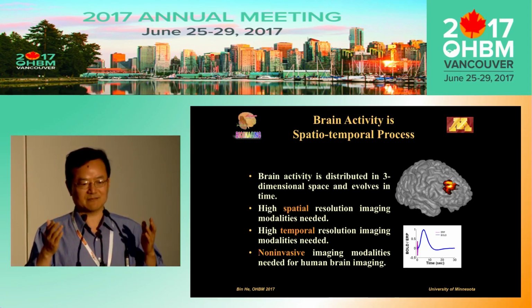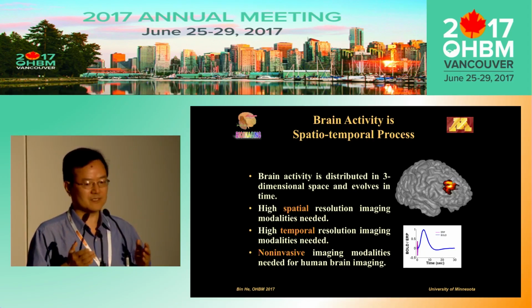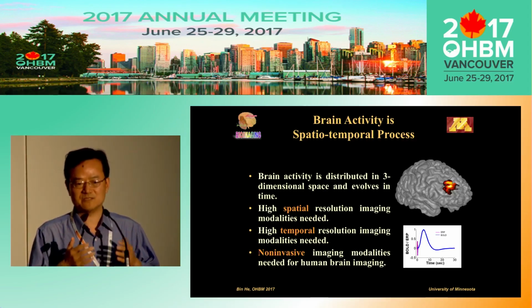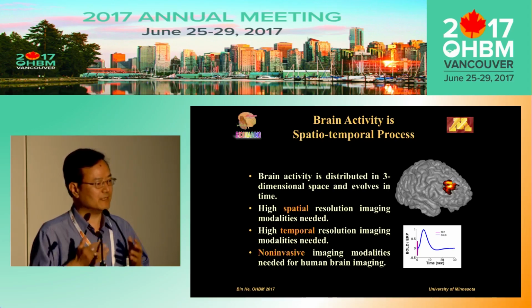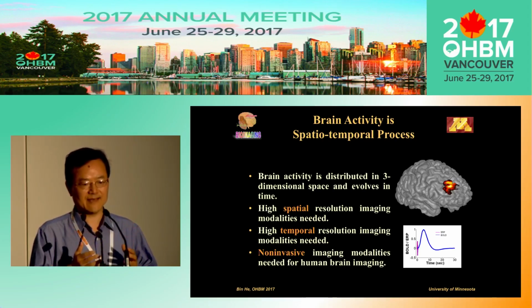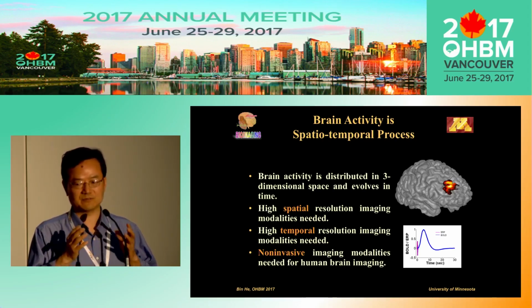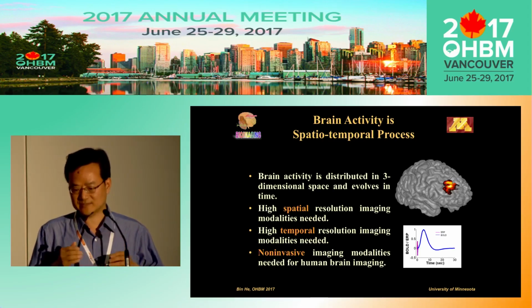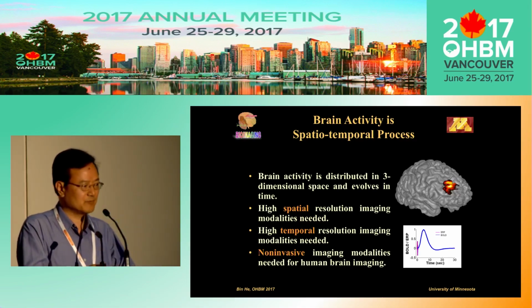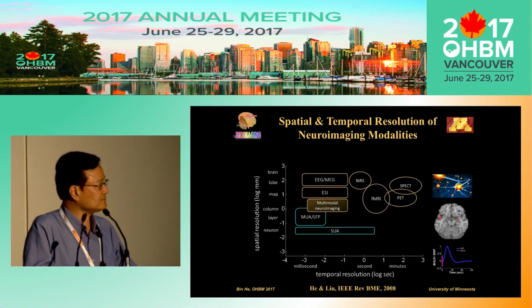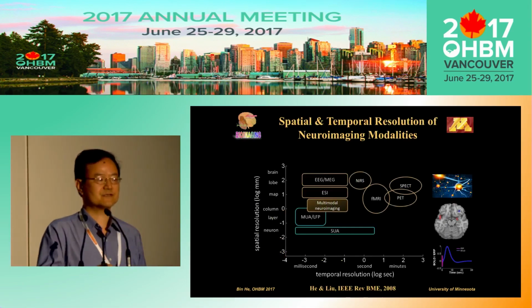Maybe some technology someone is going to invent in the future, but at this time, EEG and MEG remain the only non-invasive human brain imaging technology that allows us to track the temporal dynamics. What we try to do is get both temporal dynamics and spatial detail to a degree that is allowed by the physical principle.